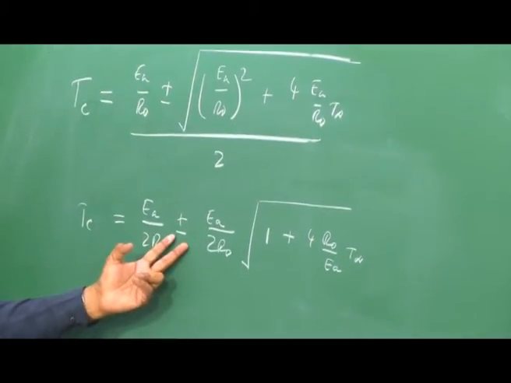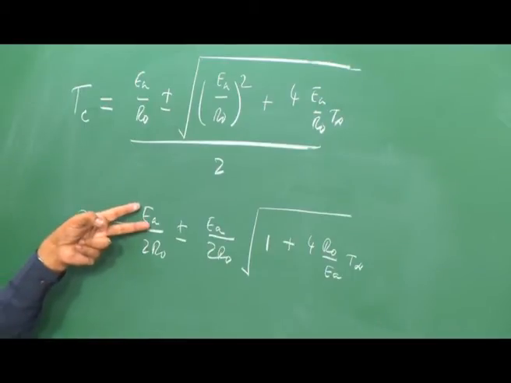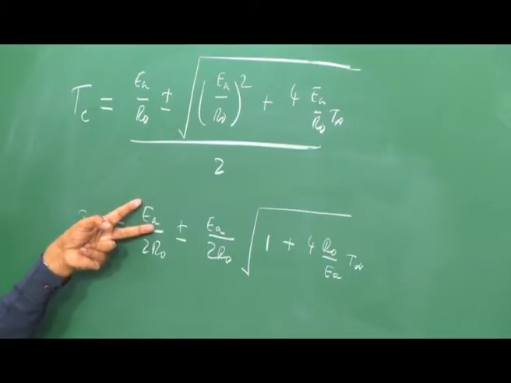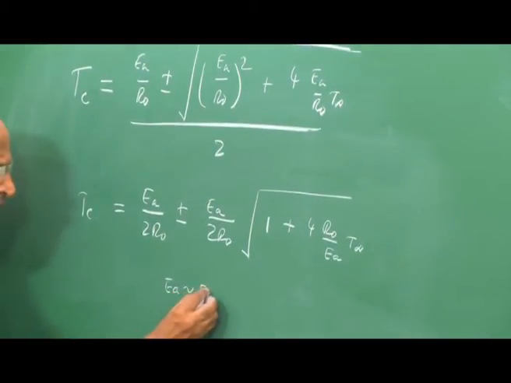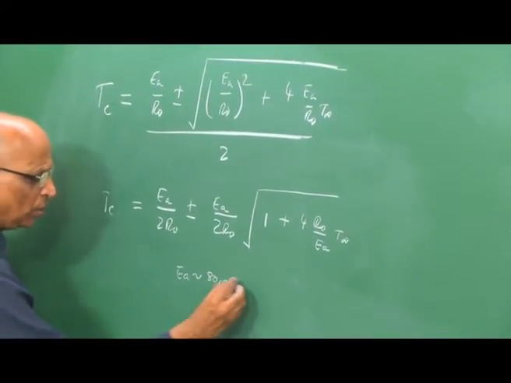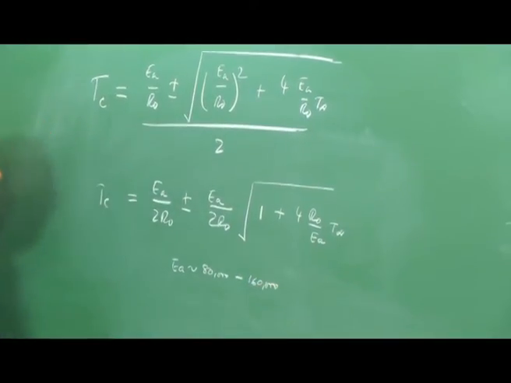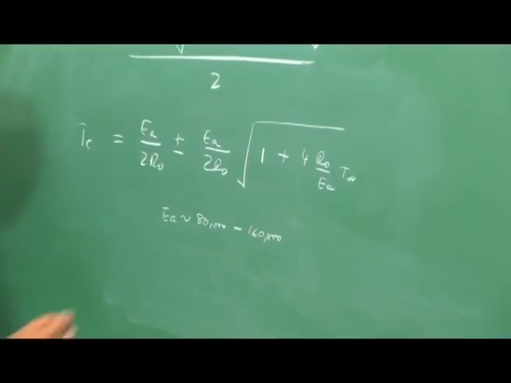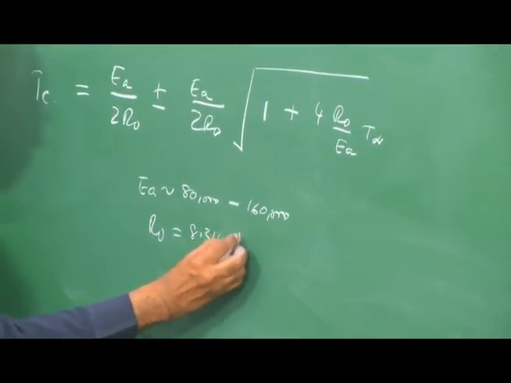Let us examine the roots of this equation. One thing we must not forget: the activation energy, we said, is extremely large, varying between, let us say, 80,000 joules per mole to something like 160,000 or higher joules per mole, whereas the universal gas constant R naught is something like 8.314 joules per mole Kelvin.